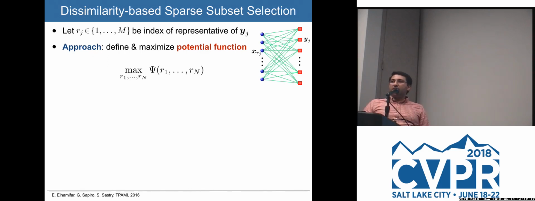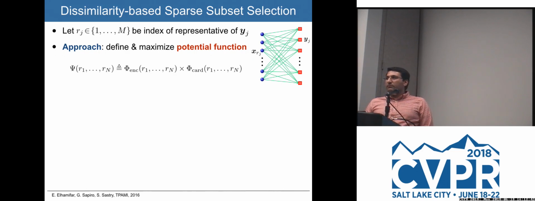The approach that we take is to define a potential function that takes this set of assignment variables as its argument, and try to maximize this potential function with respect to the choices of assignment variables to select a set of representatives.